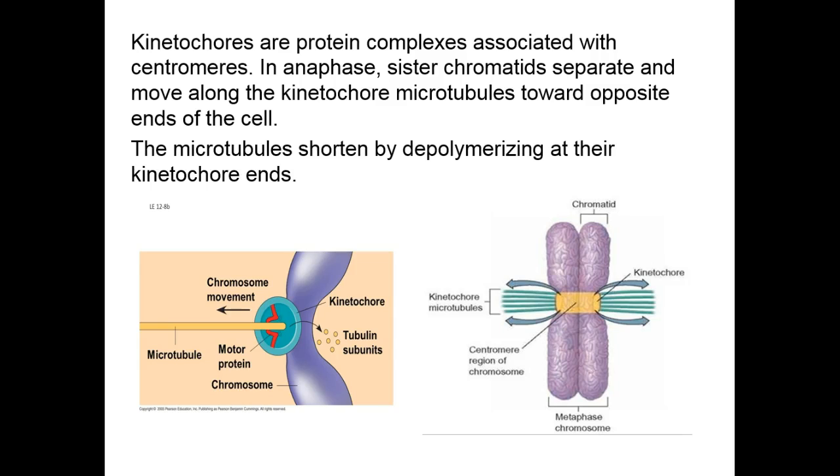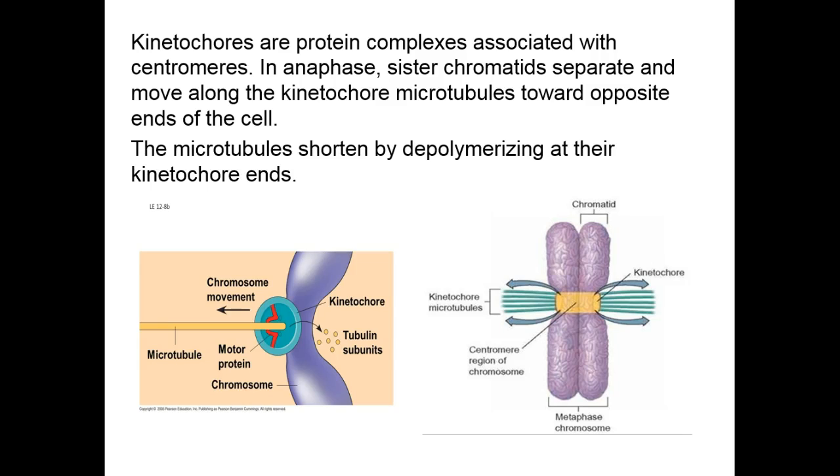Then the microtubules are going to attach to opposite sides. It helps you get that picture of what's going on and why that tug of war is taking place. And it's a protein complex, like most things that do work in your body. They are associated with the centromere, that waist-like area of the chromosome.